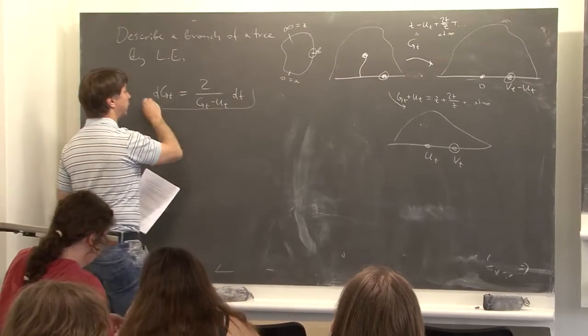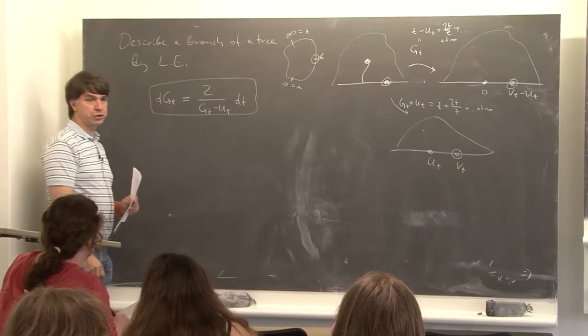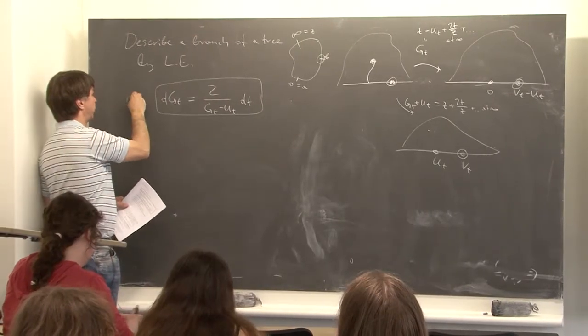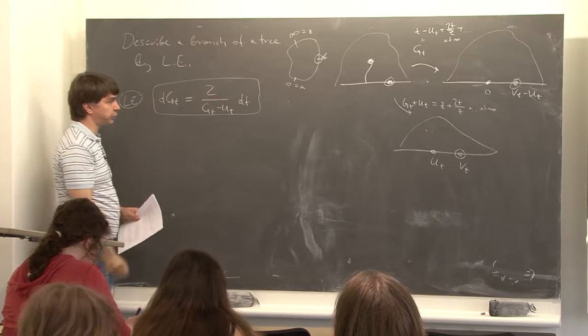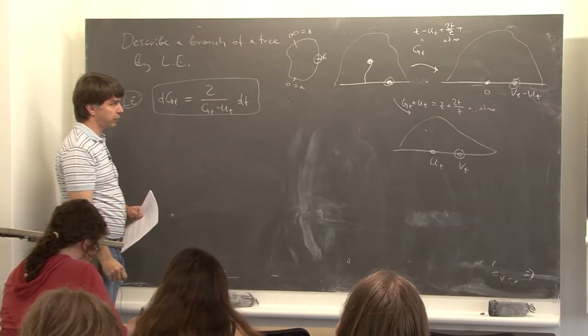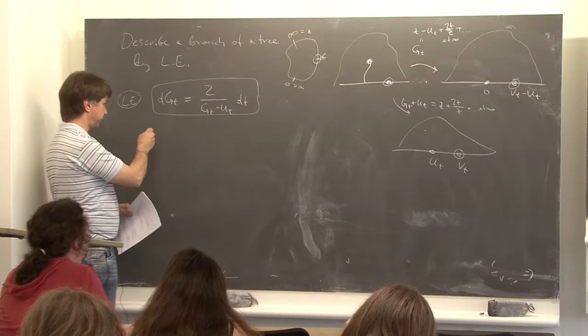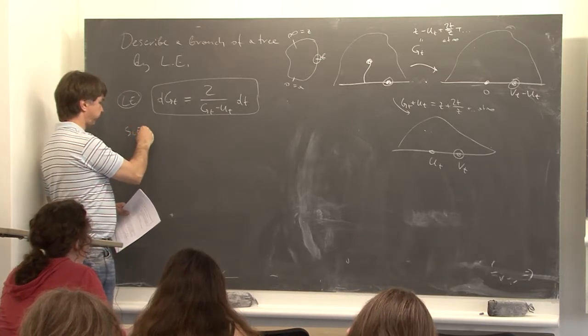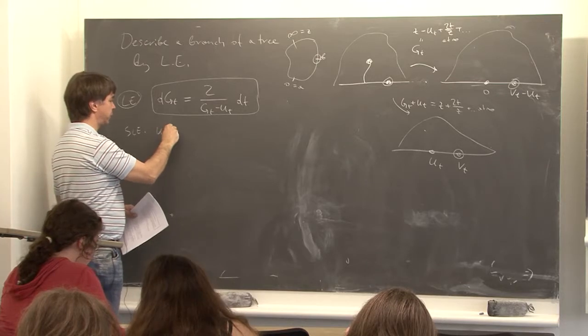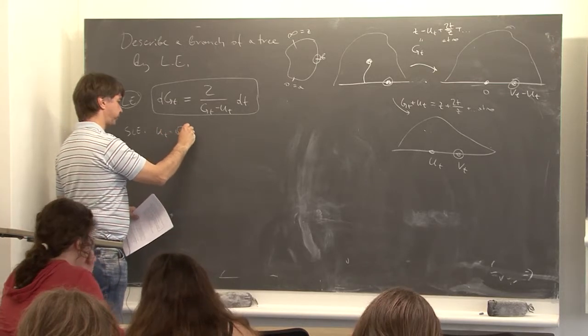So that's the usual Löwner evolution. And for SLE, you just write that U_t is square root of kappa B_t.